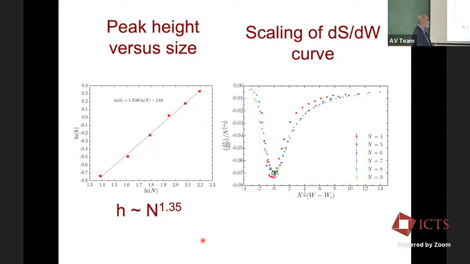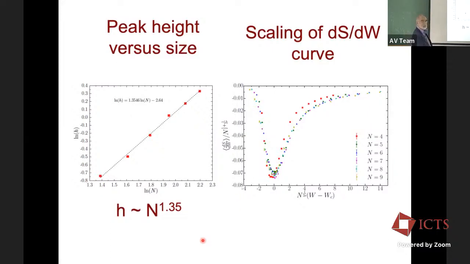The other thing that we can do is taking the new value of ν that we get from here, we can then scale the data versus N to the 1 over ν times W minus W_c. And that's the scaling we get. So we have taken out the prefactor. We've scaled the height to be the same, and we have changed the x-axis by N to the 1 over 2ν for the 2ν that we get from here.